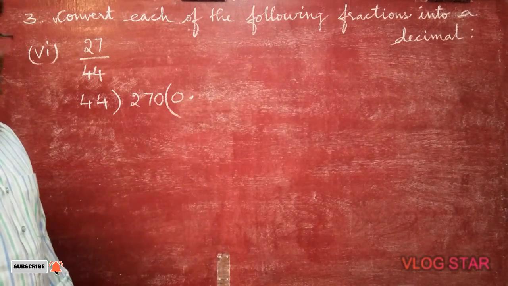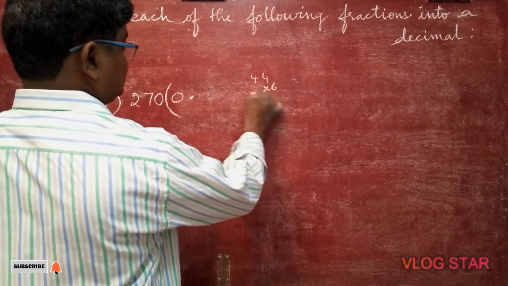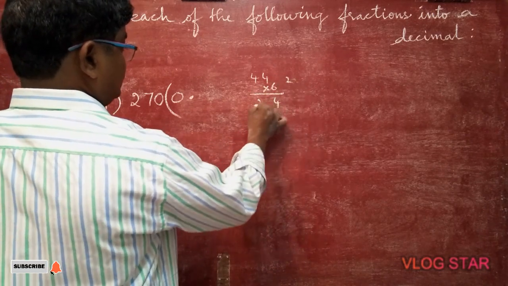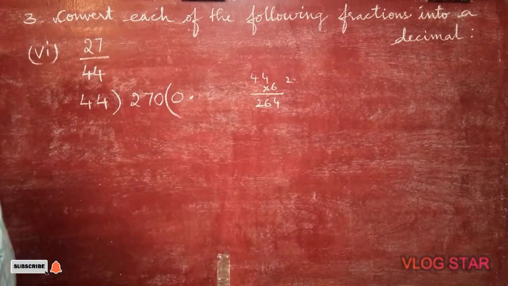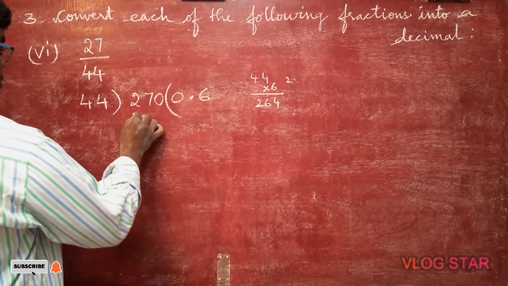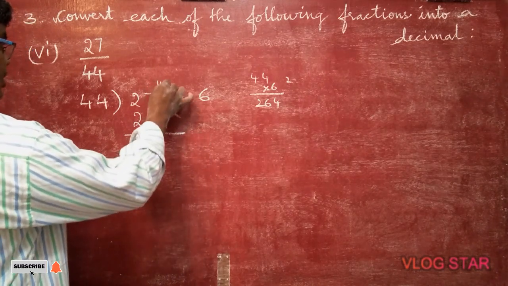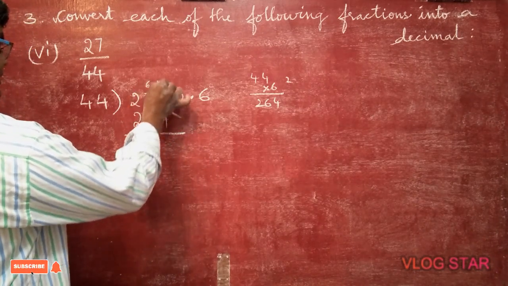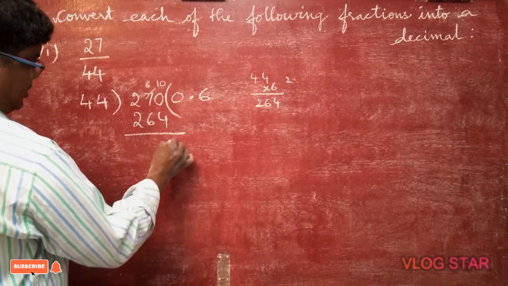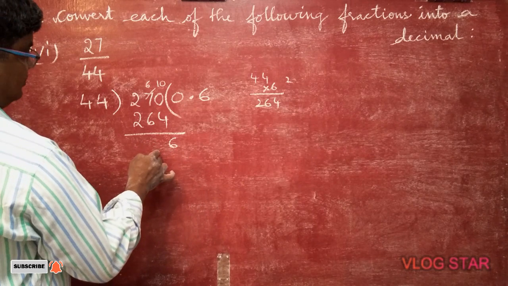Take 1 0. Try for 6 times. 44 into 6 is 264. So 6 times. And the remainder, borrow 10. Here 6 will be there. 10 minus 4 is 6. 6 minus 6 is 0.